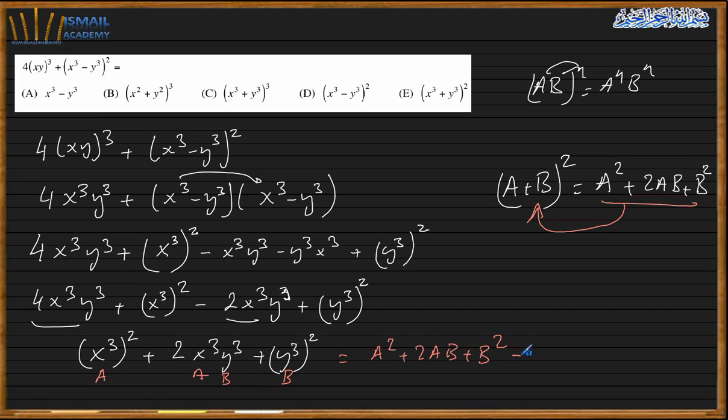So this is the same thing as a plus b, with a being x cube. So we use this to simplify the expression, make it look simple in order for us to factor it.